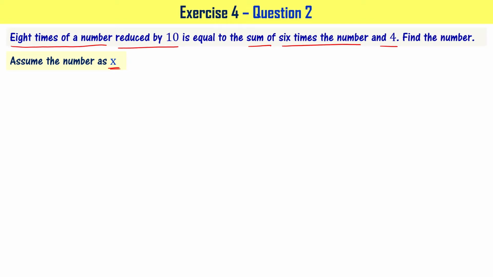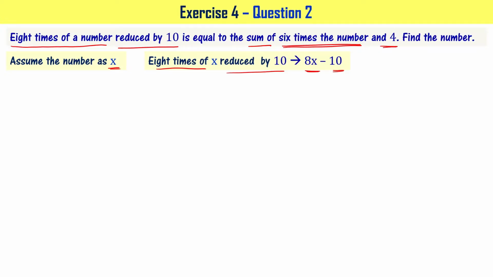Let's write that in the equation form first. 8 times x reduced by 10 can be written as 8x minus 10, right? 8 times x is 8x. Reduced by 10 means we have to subtract 10 from that. 8x minus 10. Look at the second statement. It says that 6 times the number and 4 have to be added, right?